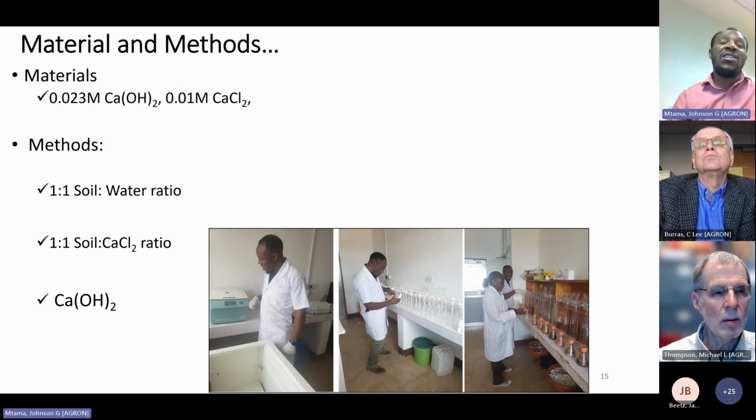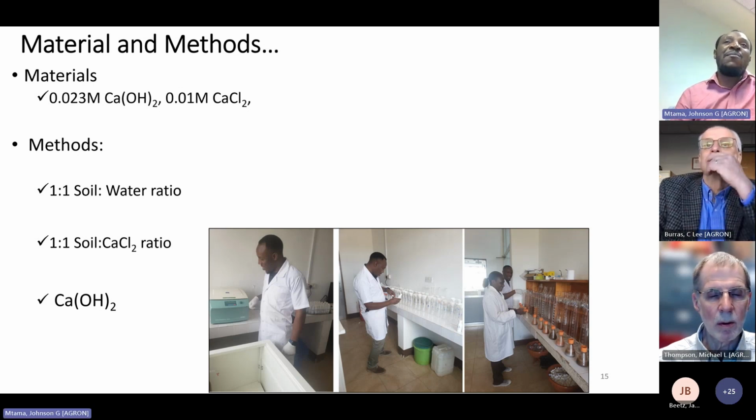And this active acidity is really very important for devising the kind of liming intervention in the study sites, because we look at the amount of acidity available on these sites by observing the active acidity, which is a measure of hydrogen ion concentration in the solution.